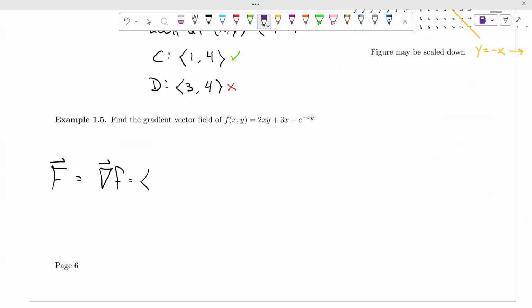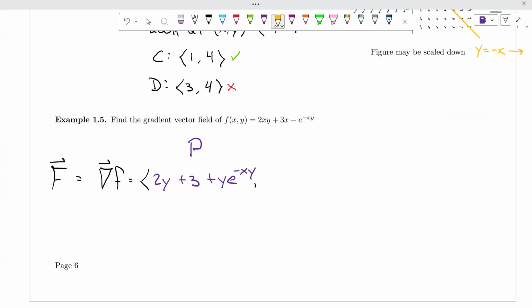First, I need an x partial. So I think this is 2y plus 3 plus y e to the negative xy. That's my x component, or often p. I'll write that in because we will be using the PQR notation quite a bit in the coming sections.